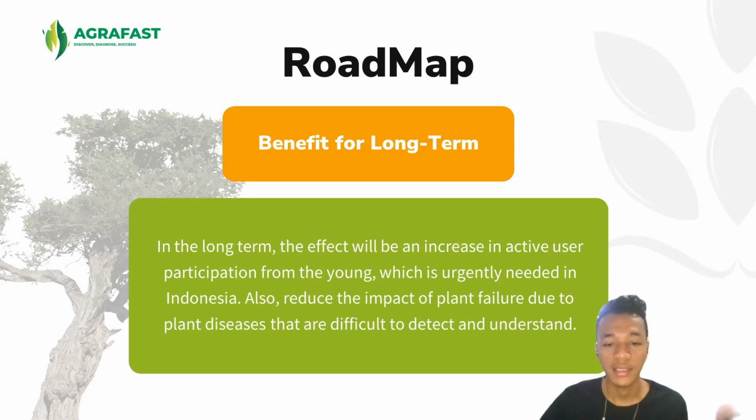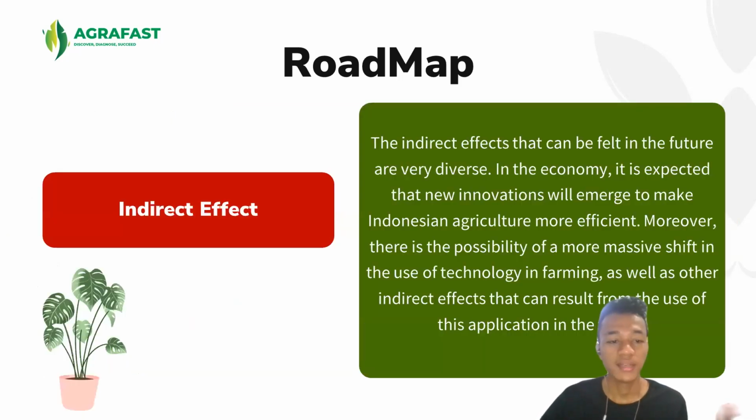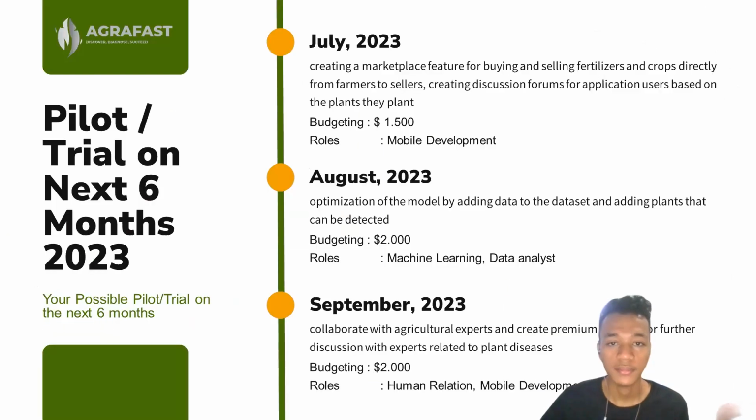And also reduce the impact of plant failure due to plant diseases that are difficult to detect and understand. The indirect effects of our application in the future can be felt in very diverse ways. In the economy, it's expected that new innovation will emerge to make Indonesian agriculture more efficient.